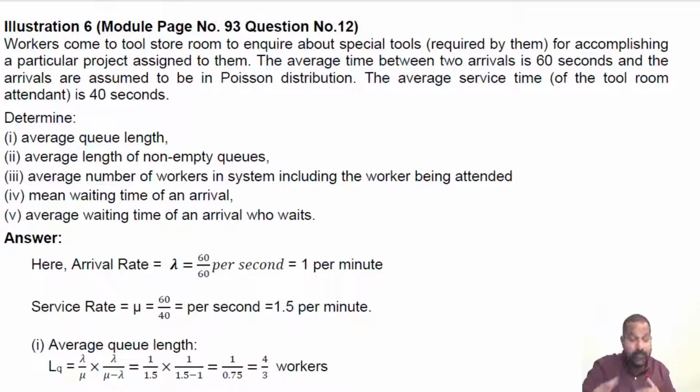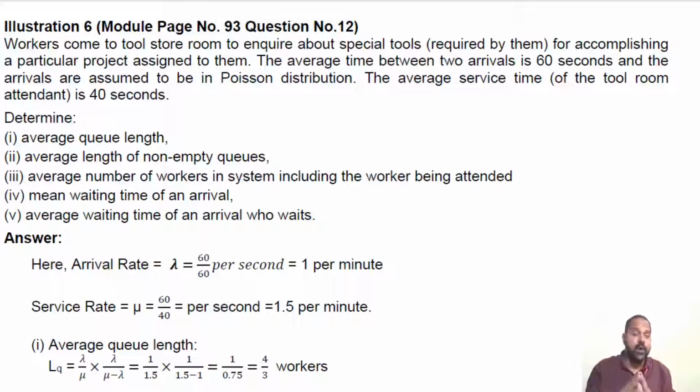You go there, and because maybe these equipments are expensive. So what you do is, you go there, you write your name down and you tell the person what you need. You write your name down, write there what you have taken, when you have taken, date, and sign it. And then when you come back to give it, the tool room attendant will look at it, inspect it, and then tick that it was taken and now has been returned.